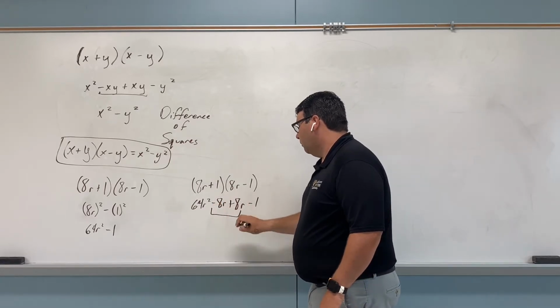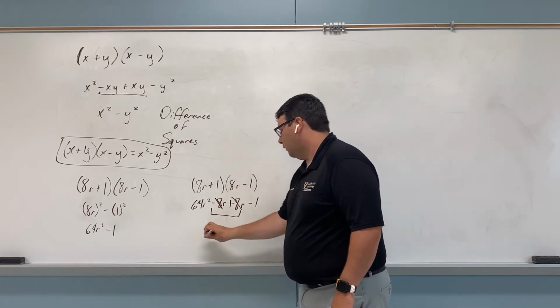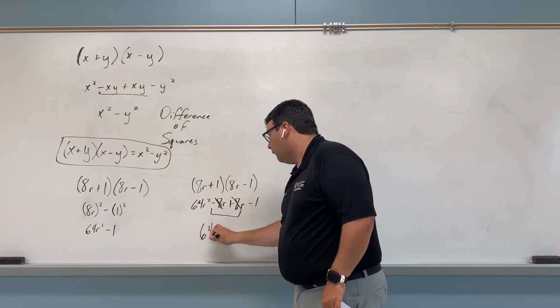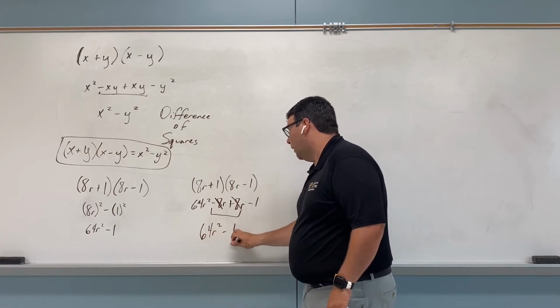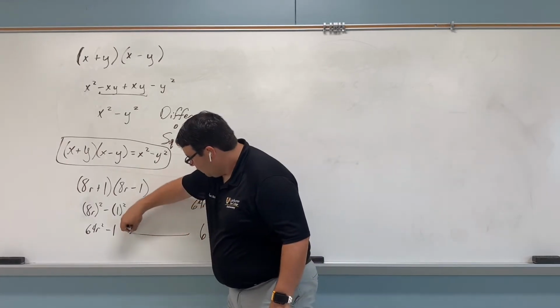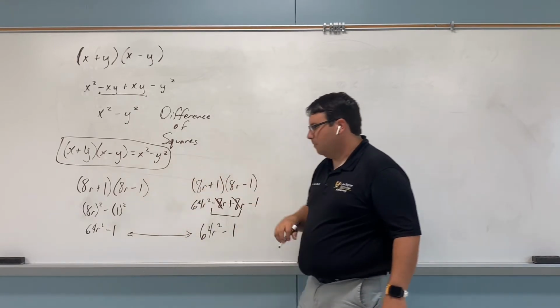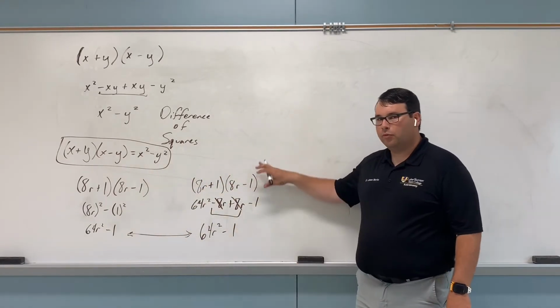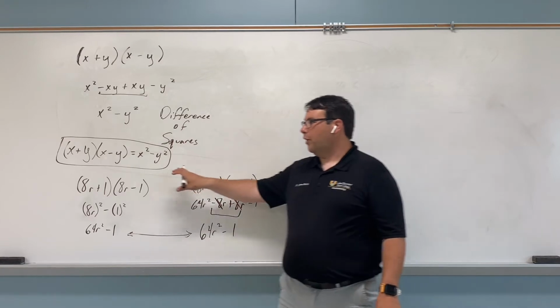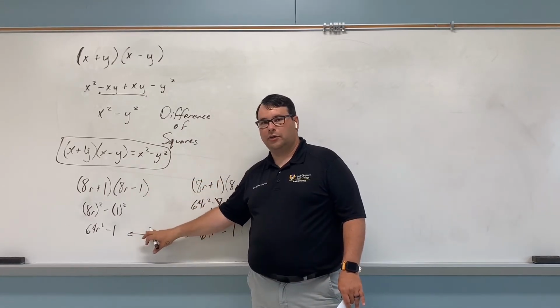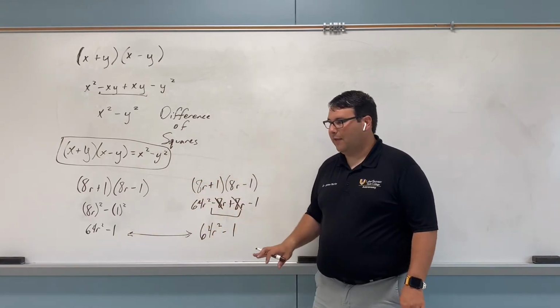My two middle terms will cancel, so I'm left with 64r squared minus 1. These are exactly the same. Meaning if I go through and do my FOIL process, or if I use my difference of squares definition, they come out exactly the same.